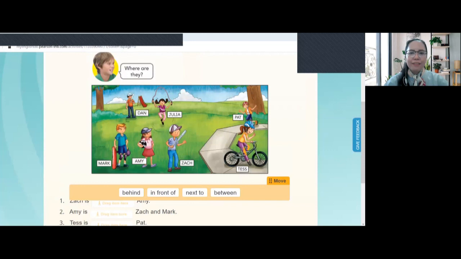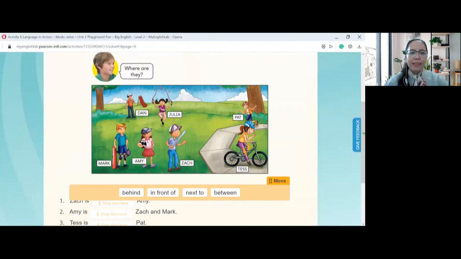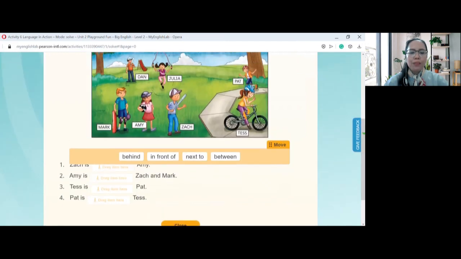On this activity 6, page 15, you have to complete the sentence from number 1 to 4 using the prepositions at the top.